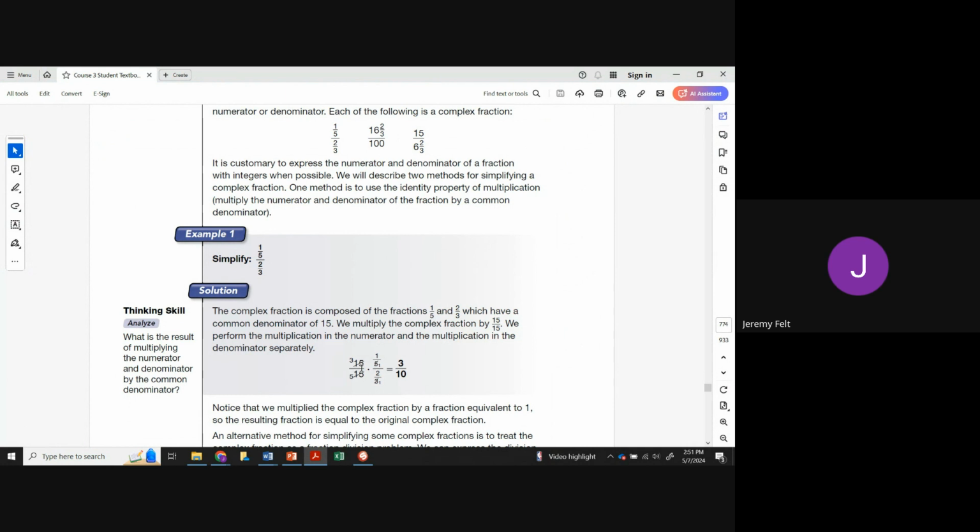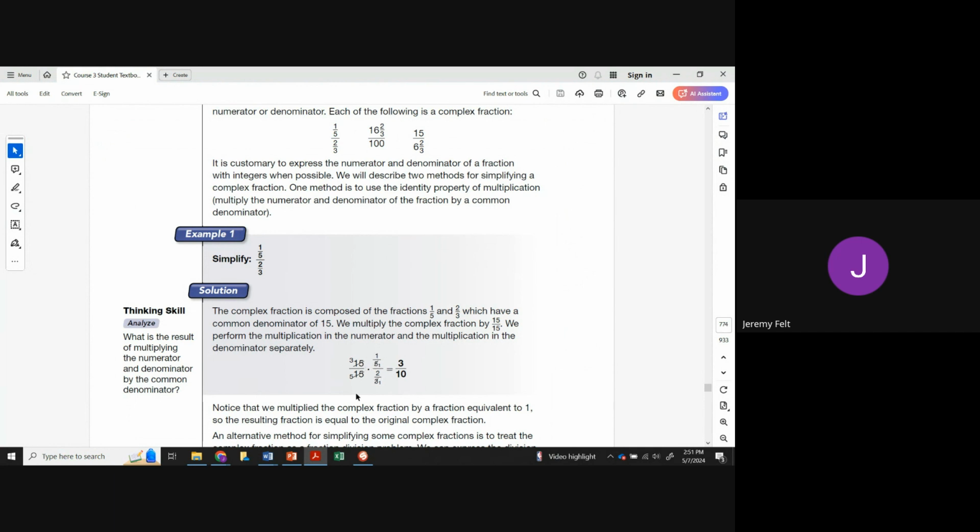Another way is to cancel out the 5 and the 3. The 5 in the denominator of our numerator and the 3 in the denominator of our denominator, we multiply it by 15/15. Because 15/15 is still equal to 1, so we're not changing the value. That cancels out the 5 and the 3, and then we're left with 3 times 1 over 5 times 2.